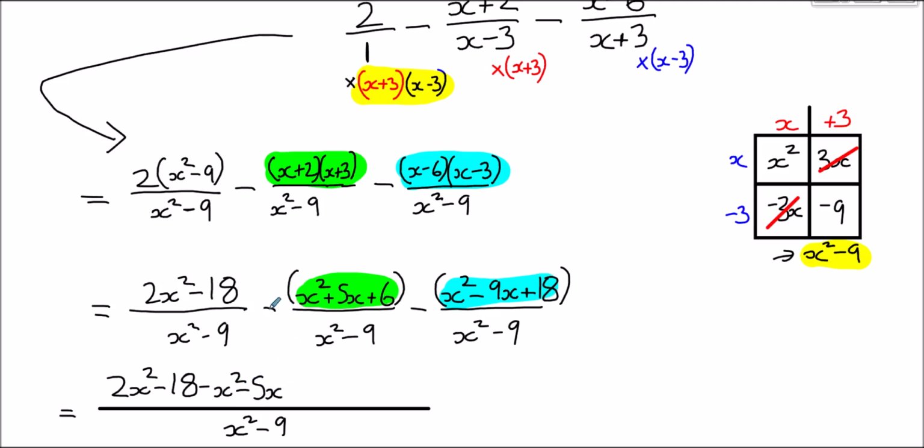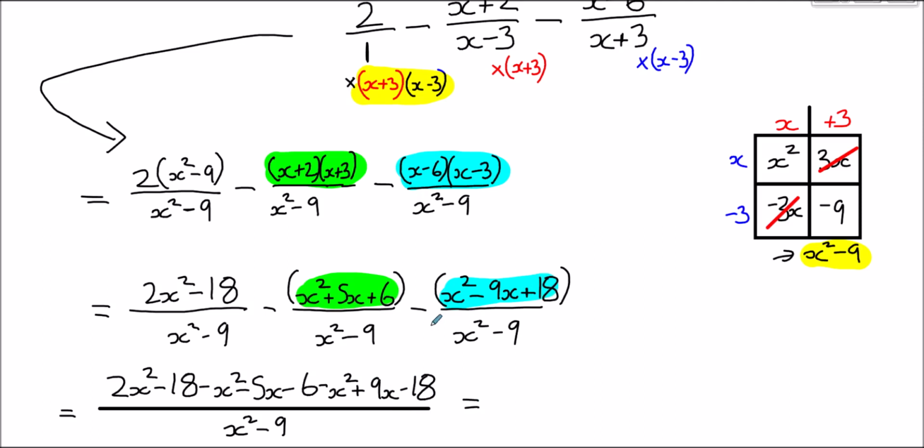I'm now taking away a normal 6, so that's minus 6. Over here, I'm taking away an x squared, so I minus off x squared. Then I take away a minus 9x. Minus 9x means I need to add on that 9x. Finally, take away a normal positive 18, that's just minus 18.